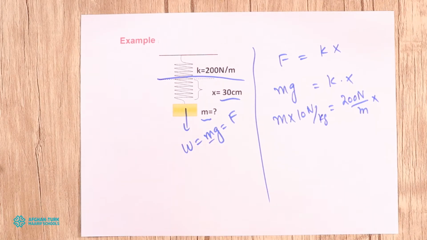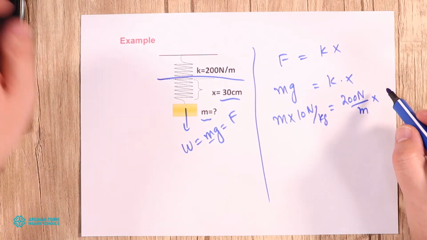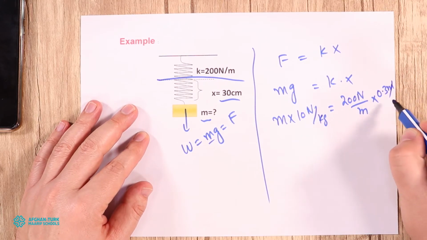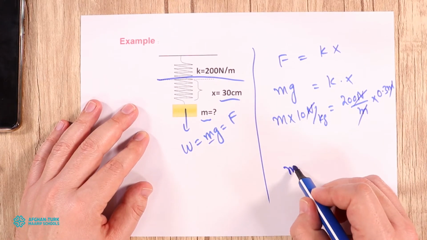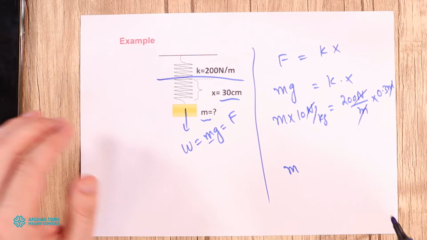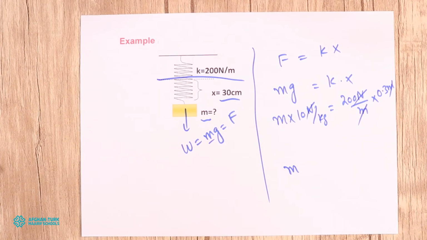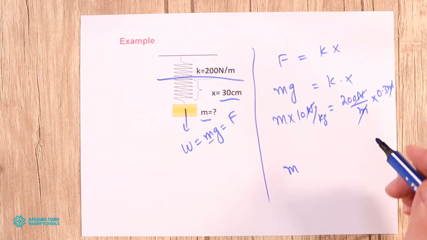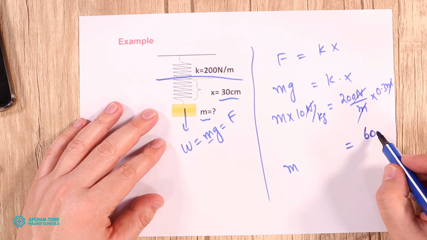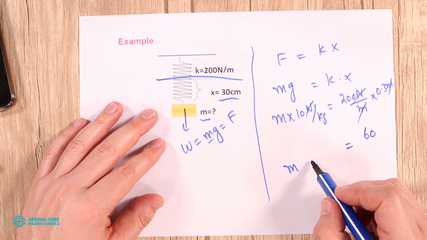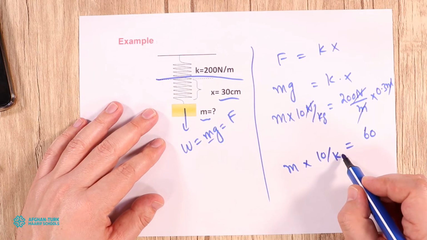30 centimeters is equal to 0.3 meter. So meter will be cancelled with meter and Newton will be cancelled with Newton. So mass is now equal to 200 multiplied by 0.3, which is equal to 60, divided by 10 per kg.